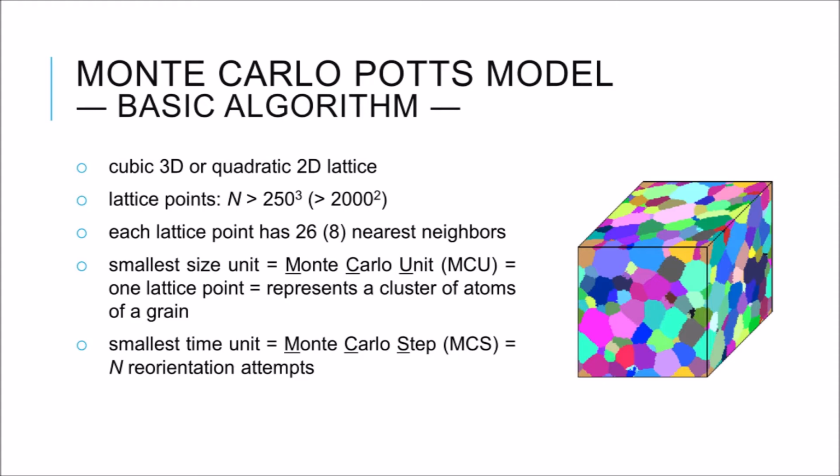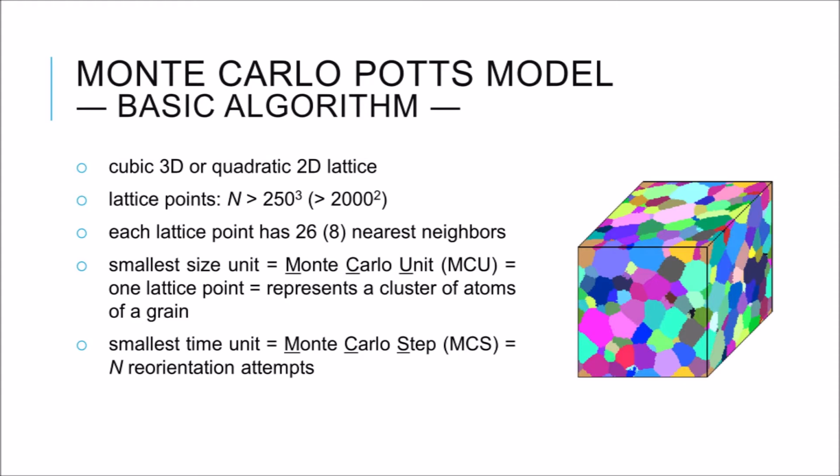The number of lattice points is important because you want to model your grain microstructure as well as possible. So it's basically about the resolution of your grains. Each grain should be represented by a large enough number of lattice points. But it shouldn't be too large because your lattice points do not resemble atoms.